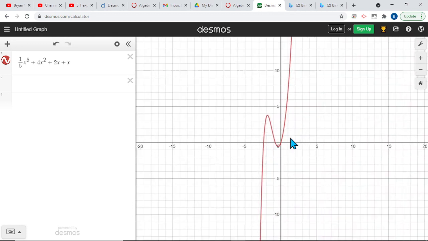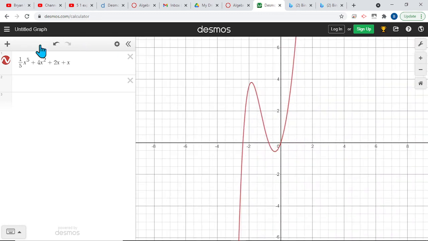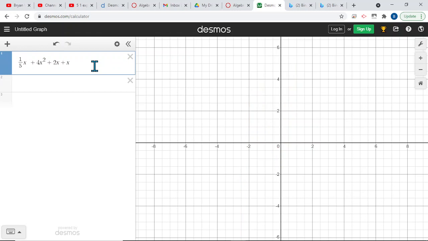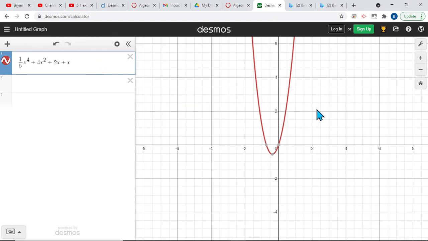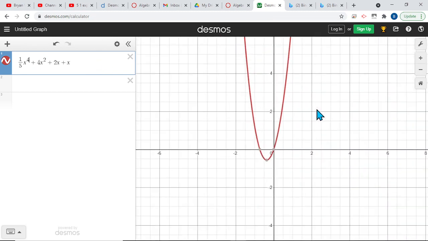Okay, that's end behavior. We could change this and look at some other ones. What if we made this a polynomial of degree 4 just by changing that largest exponent from 5 to 4? Okay, then we have this. So what is its end behavior?